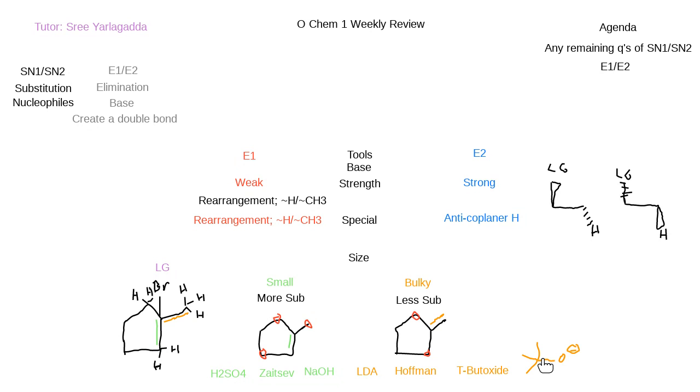So if you see this structure, or tert-butoxide, which is the same thing, or LDA, you're dealing with bulky bases.